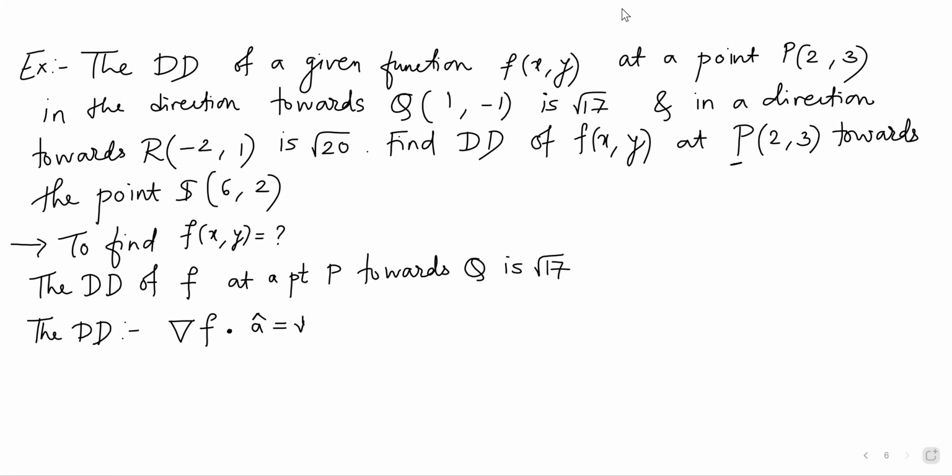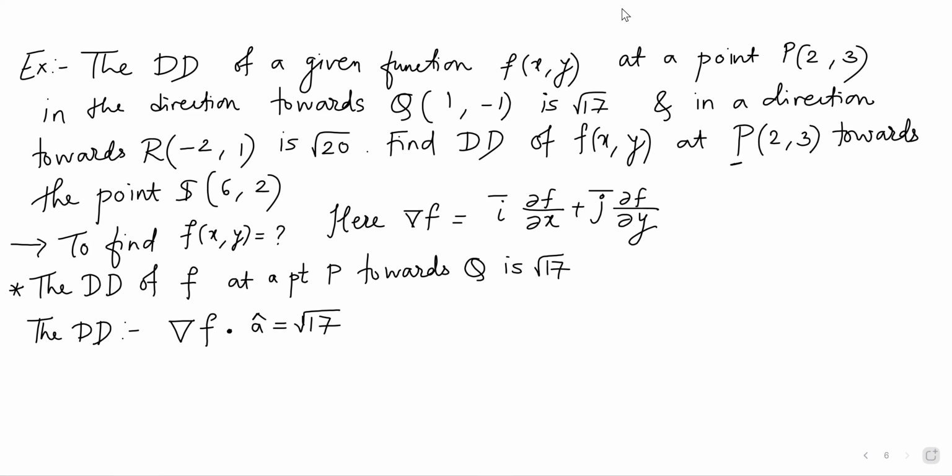Now what is del f? Now it's a function of two variables. So it is i bar times del f by del x plus j bar times del f by del y. It's a function of two variables. So what do I get?